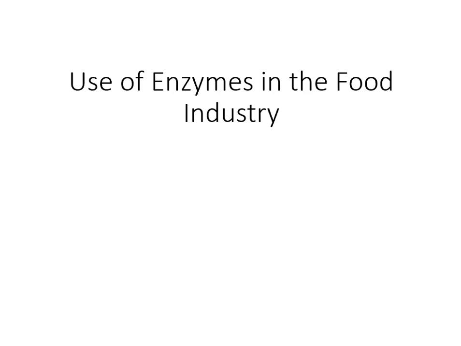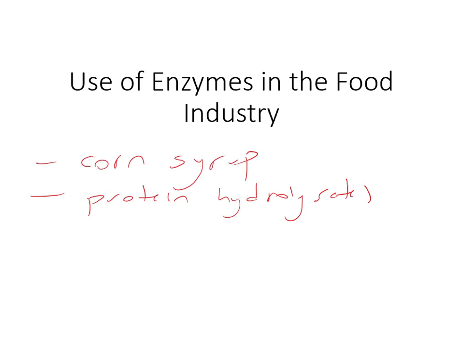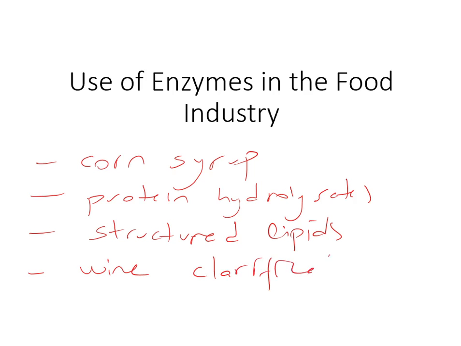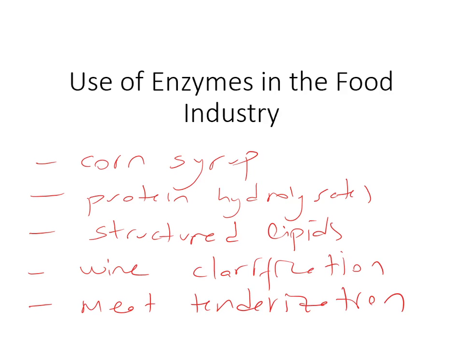Their uses include the production of food ingredients and commodities such as high fructose corn syrup, glucose syrup, another example, protein hydrolysate, they are used in structured lipids, and different applications like wine clarification, meat tenderization, so even in dough mixing they have major roles.